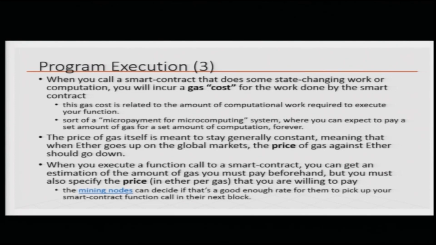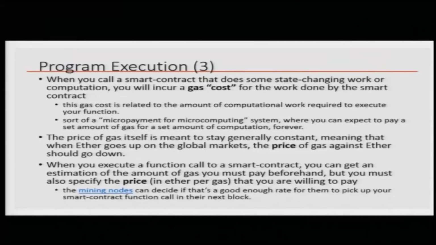You might also have to mention how much price you are willing to pay for the gas, and this is the way you might prioritize your transaction over other transactions, because when the mining node has to decide which transactions to put in the block, it might prefer the ones which are willing to pay more price per unit of gas.